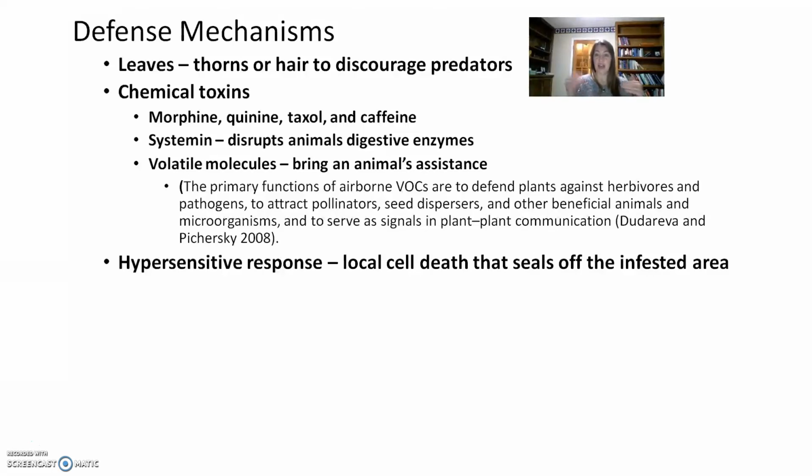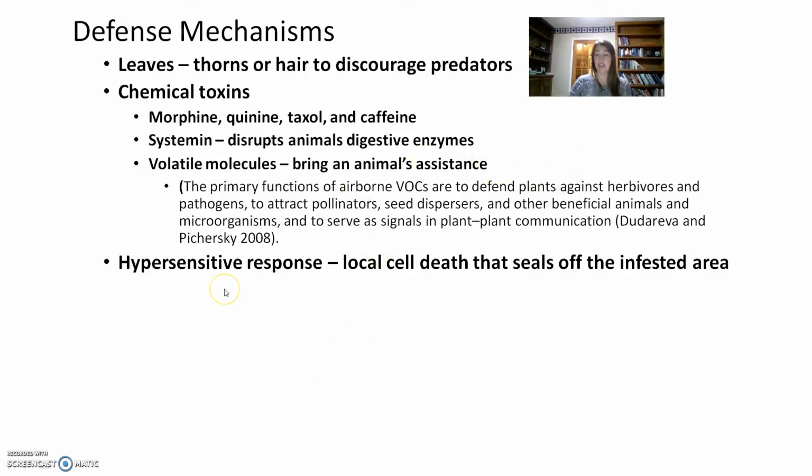So if one plant's getting attacked, it can send out this chemical and warn other plants around it, and they can respond, depending on what type of plant it is, to this stimulus or this predation. So it's pretty cool how even plants can communicate in a way with each other.